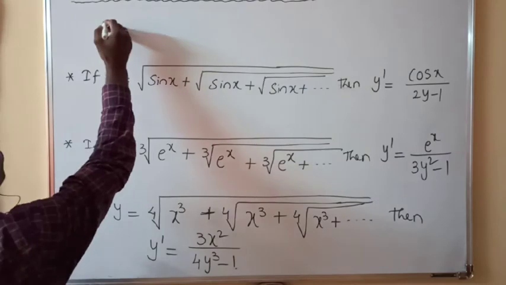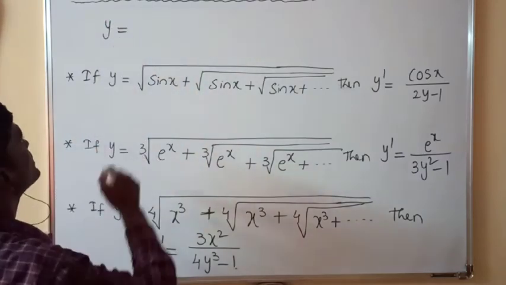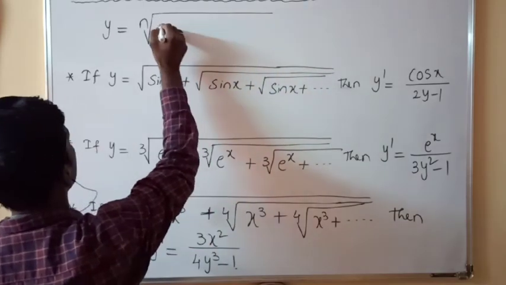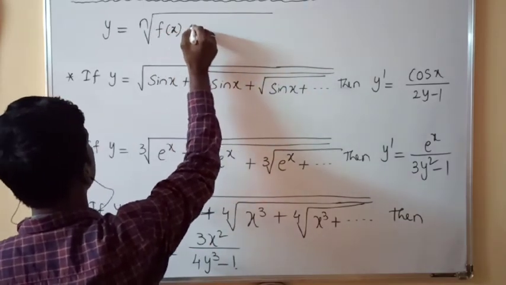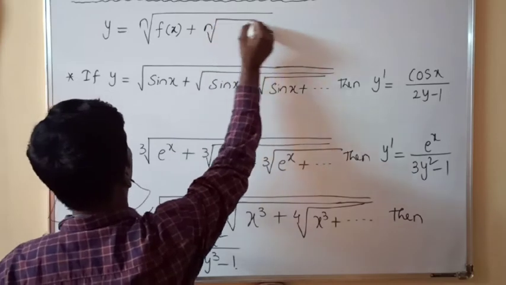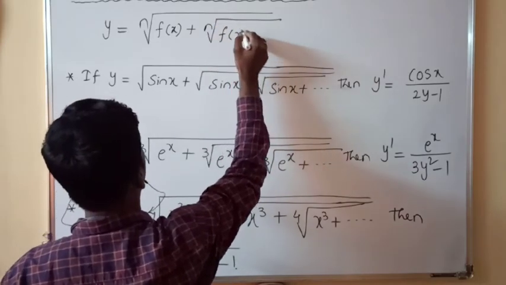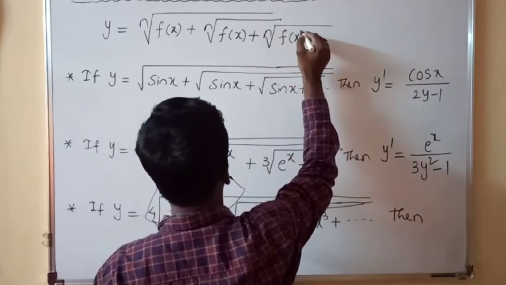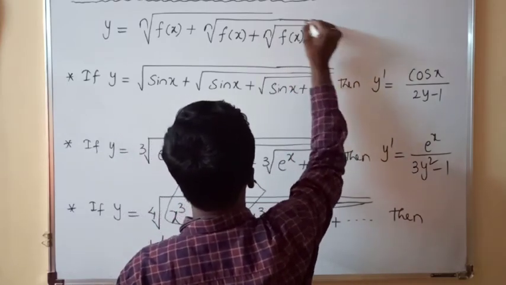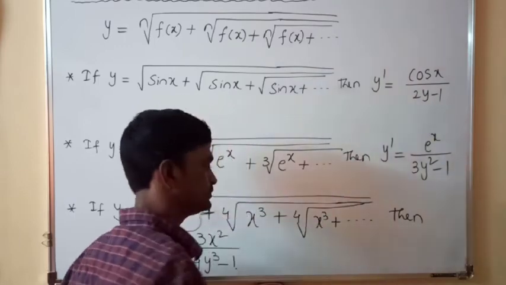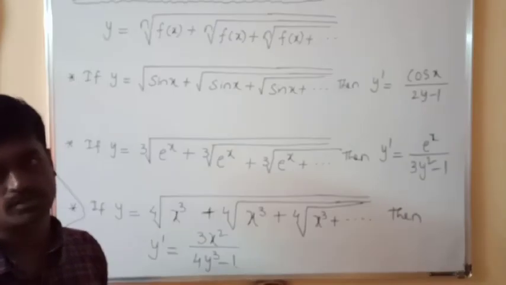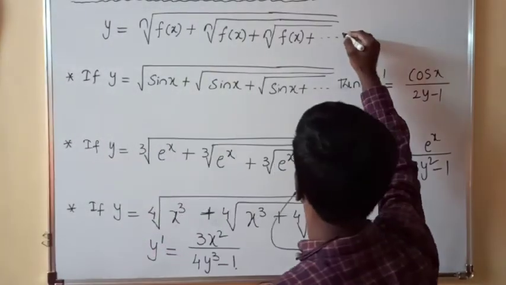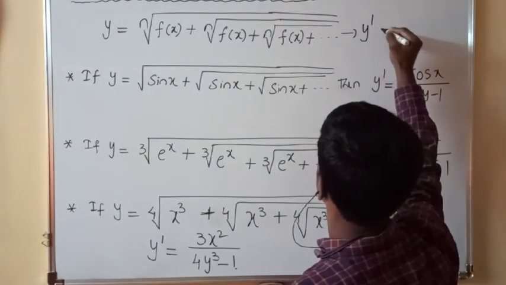If y is equal to the nth root of f of x plus nth root of f of x plus nth root of f of x plus and so on, where f of x is some differentiable function, then what is dy by dx, or y dash?